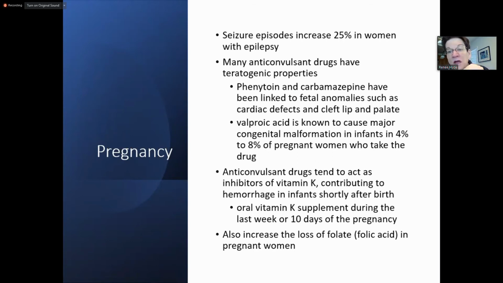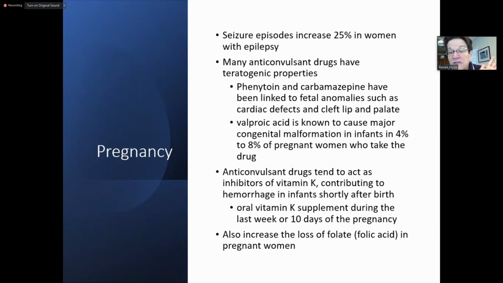Phenytoin and carbamazepine have been linked to fetal anomalies like cardiac defects, cleft lip, and cleft palate. Valproic acid causes major congenital malformations in infants in about 4 to 8% of pregnant women that take the drug.